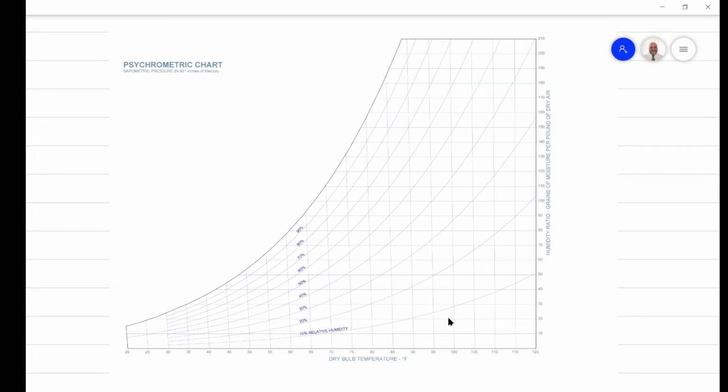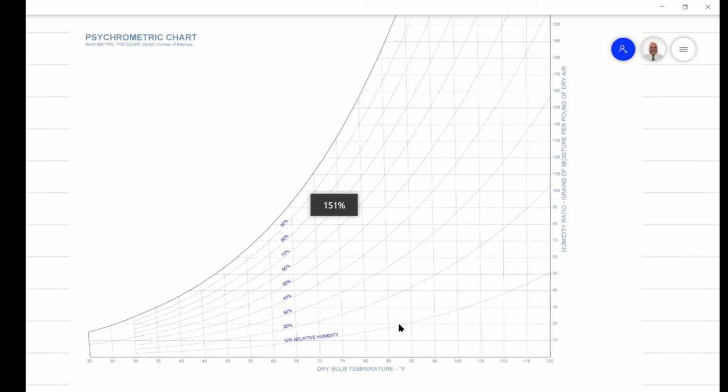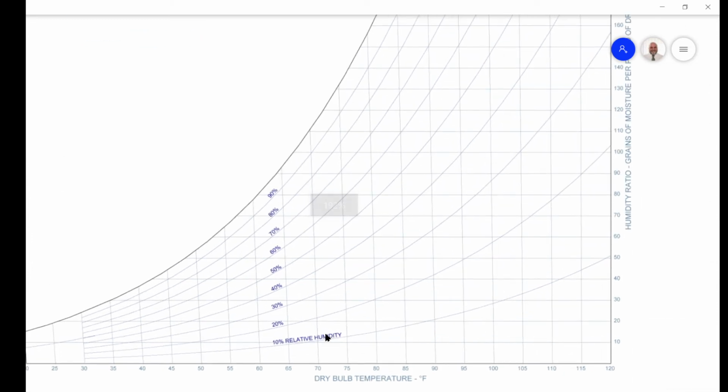One more very important and applicable measurement on the psychrometric chart is the relative humidity of the air. Let's take our previous example, which was 75 degrees Fahrenheit dry bulb and 60 grains of water.